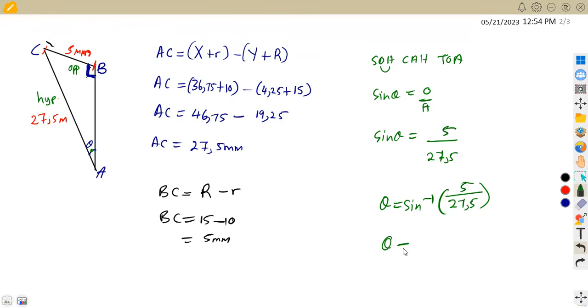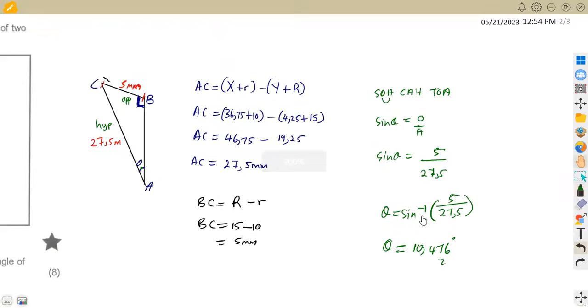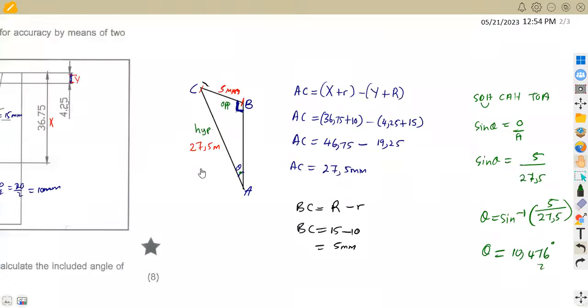You plug in your values directly. This is going to give you 10.476 to 3 decimal places, which we can write to 2 decimal places, depending on the degree of accuracy that you are given. All right, so this is how we can calculate this angle here.